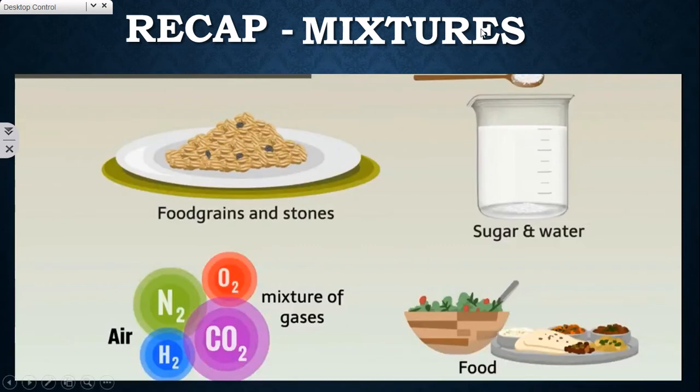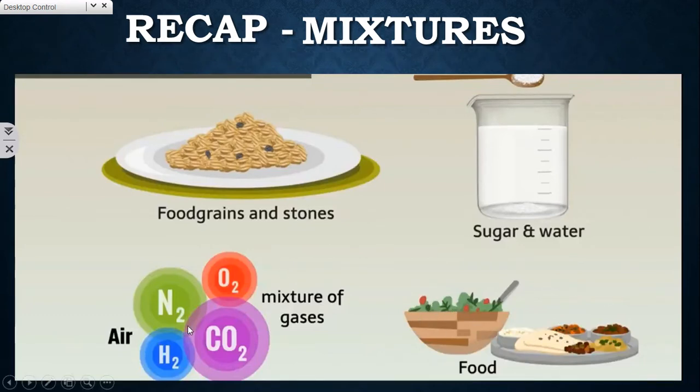Okay. Why do we need separation? There comes the question. See, sometimes we require all the components present in a mixture, like this food item. We require all these ingredients, since each ingredient provides a particular nutrient for us. So we are taking in the whole mixture as such.